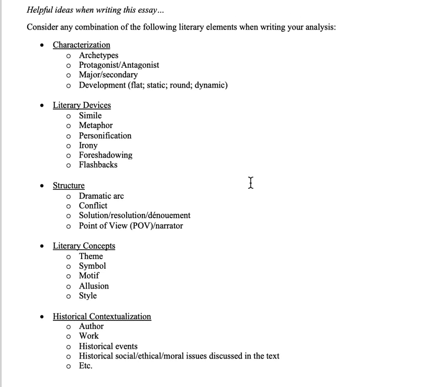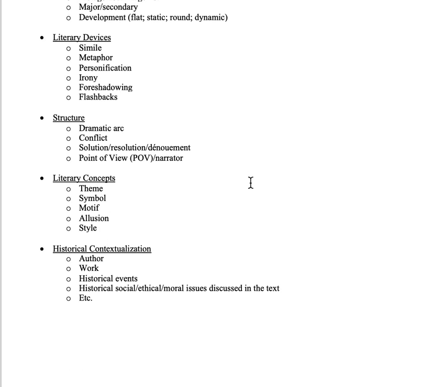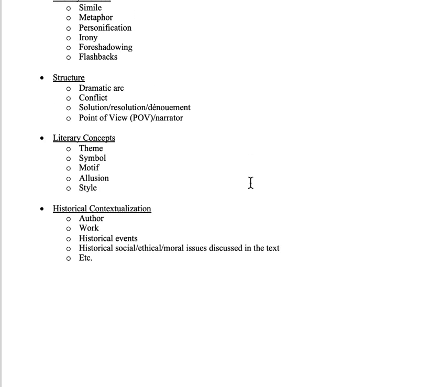Here are some ideas to help you when you're writing this essay. Think about characterization. Think about archetypes, protagonists. Are they secondary characters? Are they developed? Are they flat? Think about any literary devices that you might deem important: similes, metaphors, personifications, flashbacks. Structure: think about the dramatic arc. Think about the conflict. Is it man versus society?